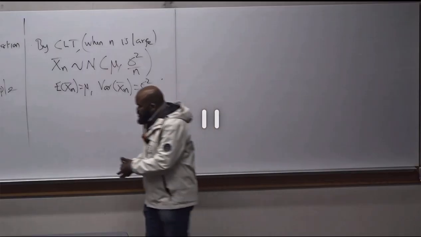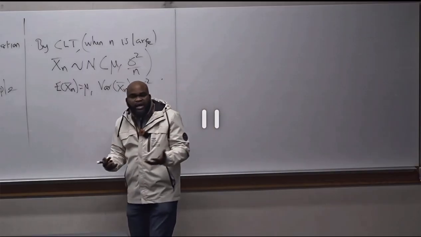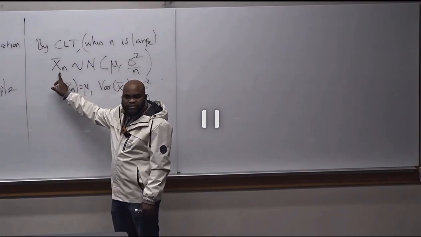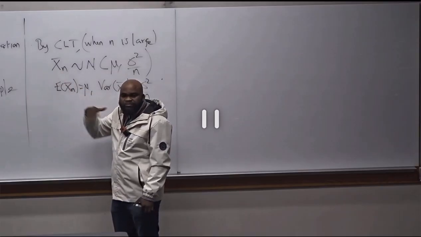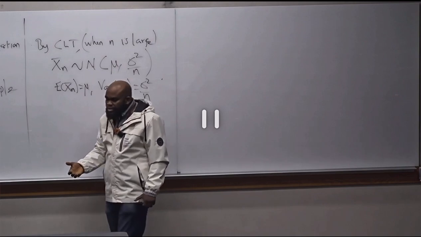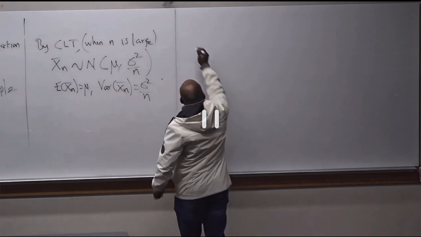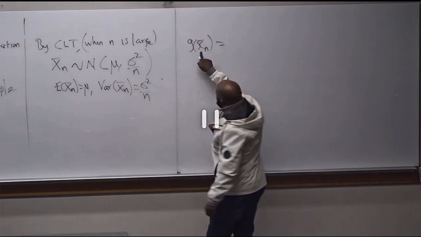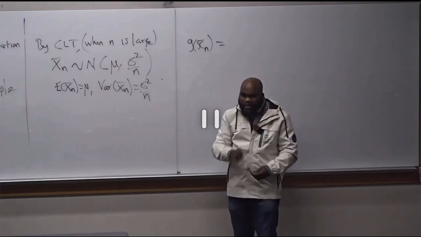Now, it is not all the time that our estimator is going to be this. Our estimator can be a nonlinear function. For instance, what if I want to talk about a function of a sample mean? Please pay attention.